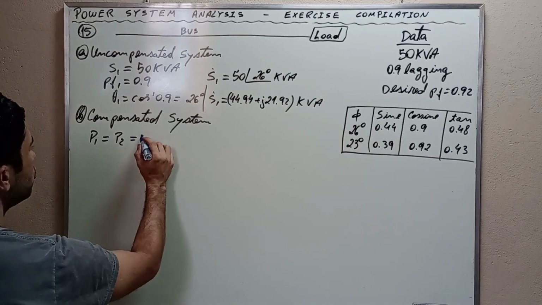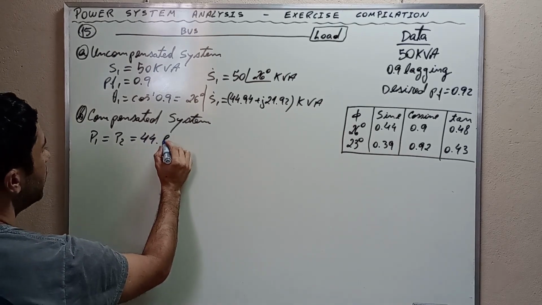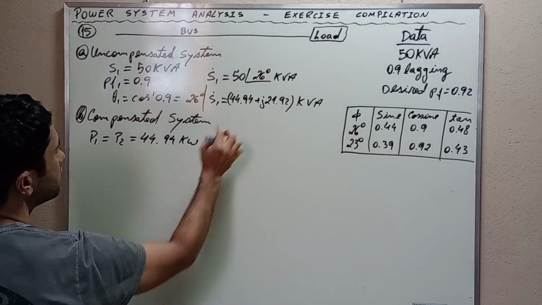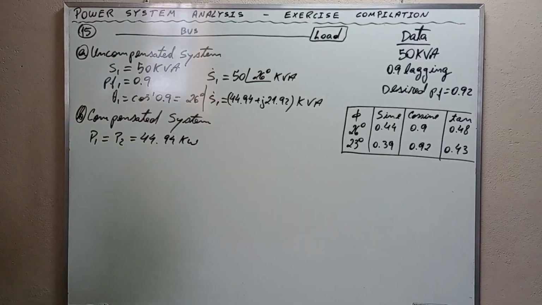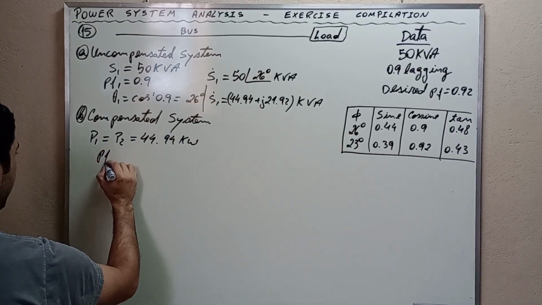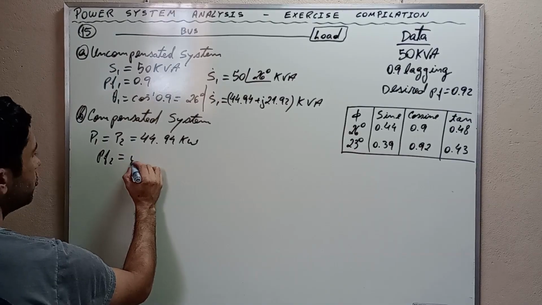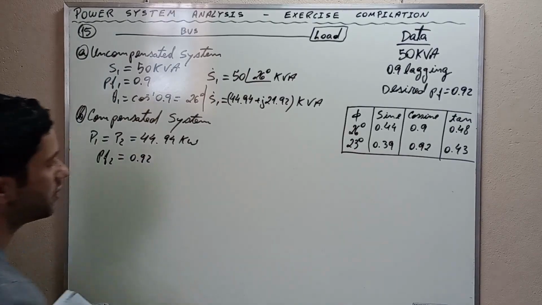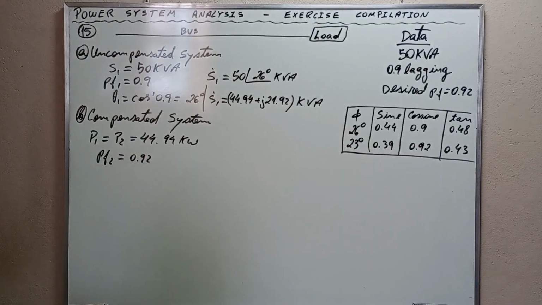So it is equal to 44.94 kilowatts. This number here must not change, alright? And it was given that the desired power factor is 0.92. Okay, the power factor number 2 is equal to 0.92, and the exercise already gave you the angle.